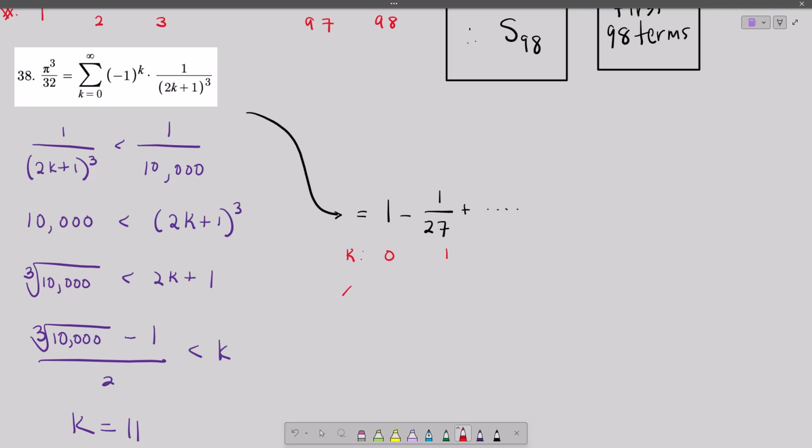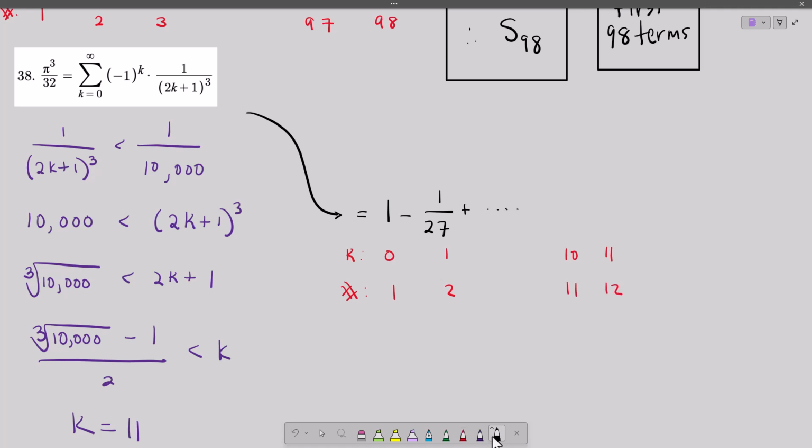So our counter, the number of terms, is 1, 2, and then let's do k equals 10 and k equals 11, around k equals 11. Maybe we'll stop there. The counter is going to be 1 more than the k value.